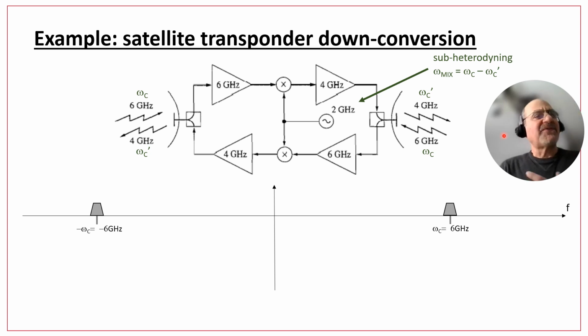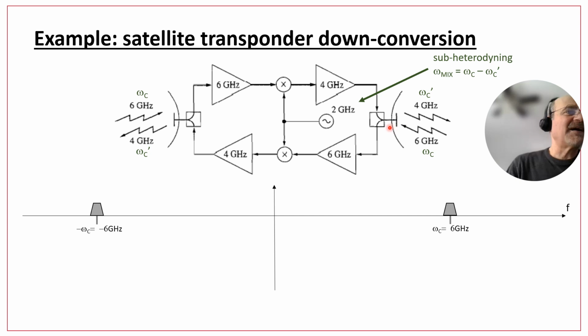Let's look at a final example now with respect to the application on a satellite transponder that's doing down conversion. Now, down conversion in a satellite transponder is necessary because the transponder essentially picks up a signal coming from the Earth, so it's an uplink signal going at a higher frequency of 6 gigahertz if you are working, let's say, in the C-band.